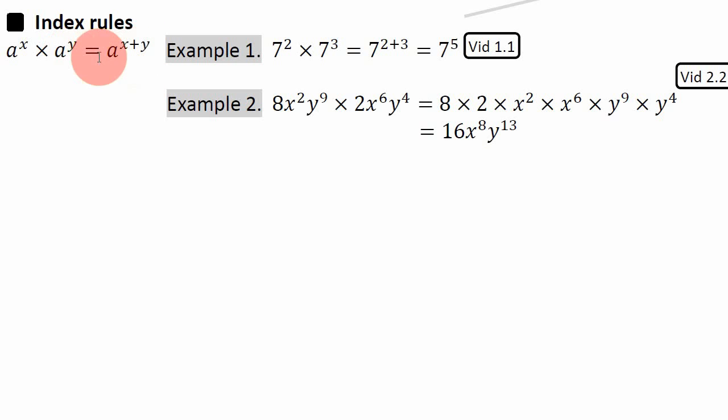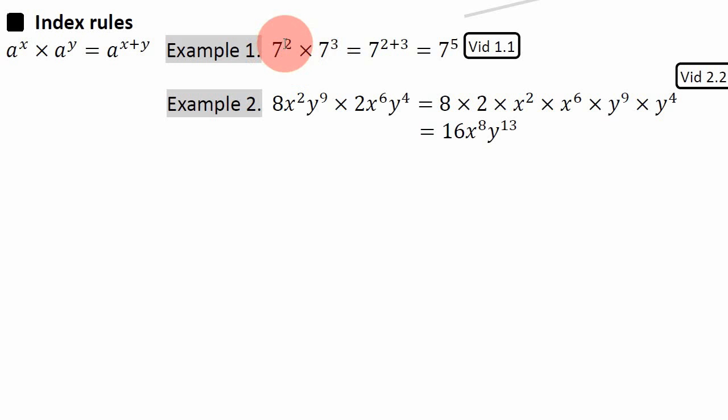Now, if you don't get that, let's show you a nice simple example with plain numbers. You've got 7 to the power 2 times 7 to the power 3. So you've got 7 there and 7 there. You've got to have the same base number. You've got powers, and the thing the power is done to is called the base. So the base is 7, the base is 7 over there as well.